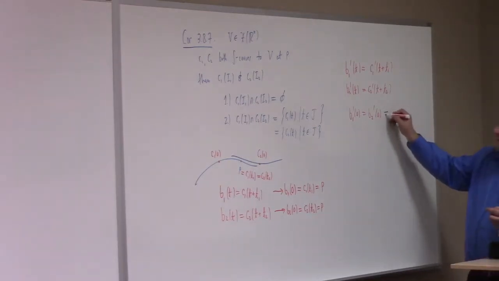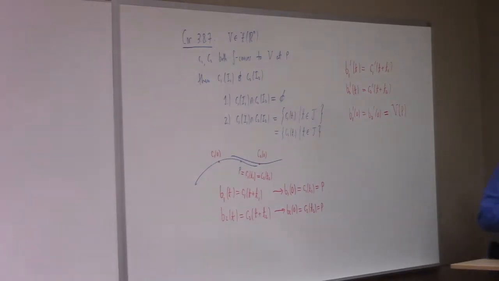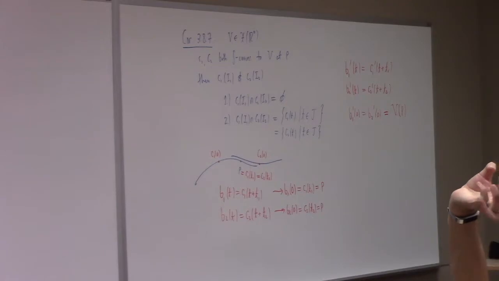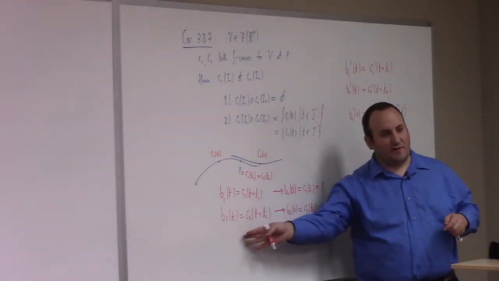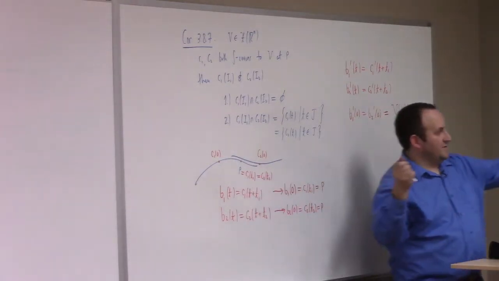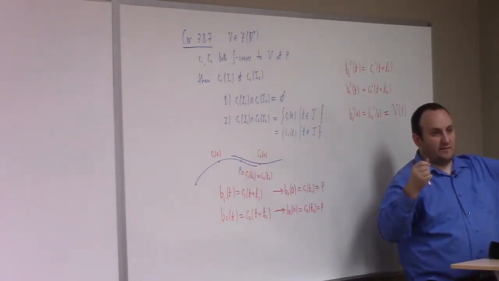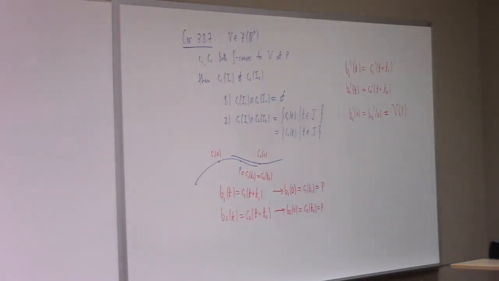Because these are both equal to V of P. Remember, we're assuming these are both integral curves of a given vector field, so they have the same velocity vector at the point P. But you can reparameterize the curves, get a new pair of curves, B1 and B2, which meet at 0, and then you use the theorem. It shows you that B1 and B2 have to be unique, because they're both integral curves of the vector field through P.